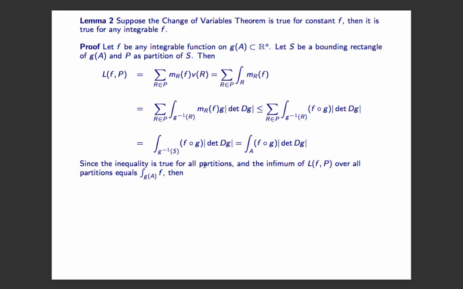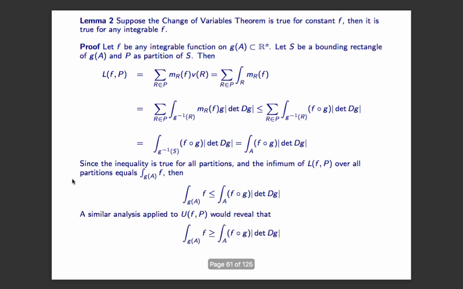And the infimum over all partitions is equal to the integral of f over g of A, which of course we're assuming to exist, because we're assuming f is integrable over g of A. That's part of the hypothesis of the change of variables theorem. So then the integral of f over g of A is less than or equal to the integral over A of f composed with g times the determinant of the derivative of g.